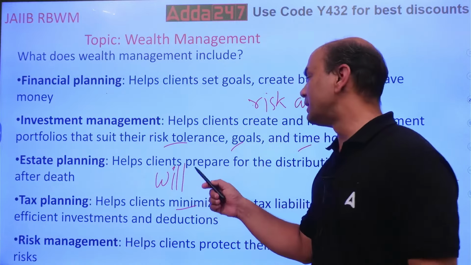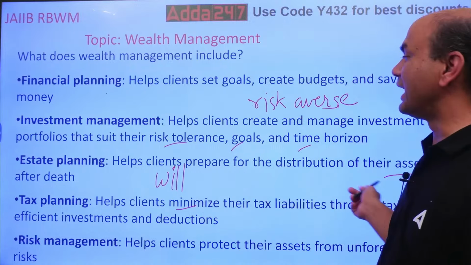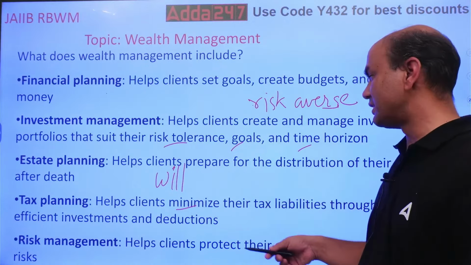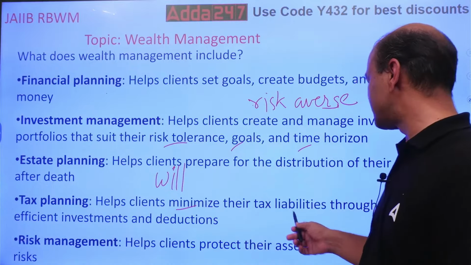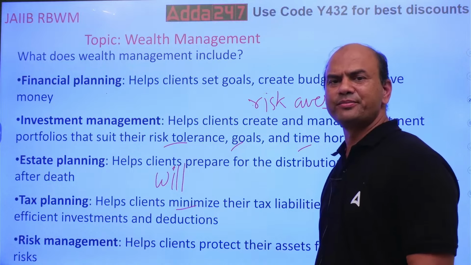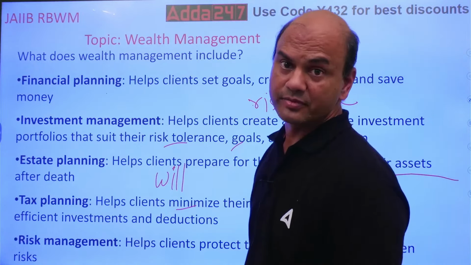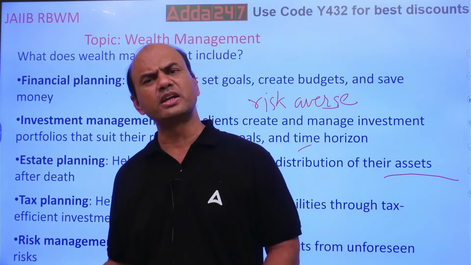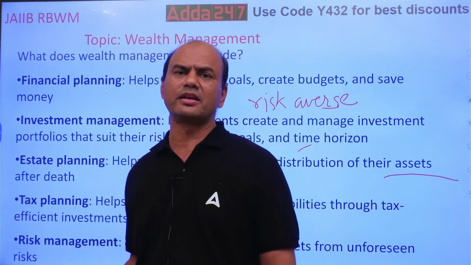So estate planning helps clients prepare the distribution of their assets after death. That is done. Tax planning, minimize the tax liabilities through tax efficient investments. Means what? How can you minimize the tax? Donations, 80G. Many rich persons you see donated this much money there, this much money there.